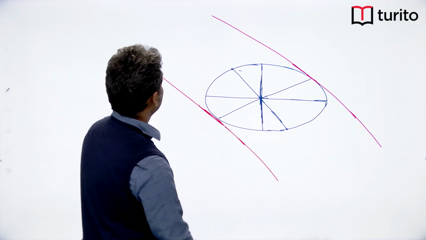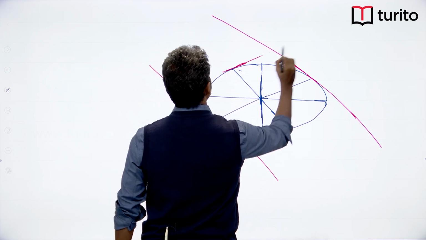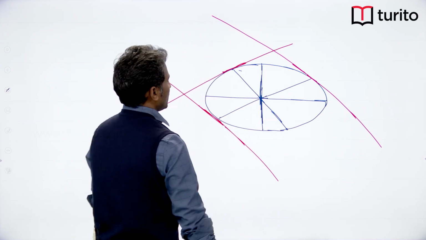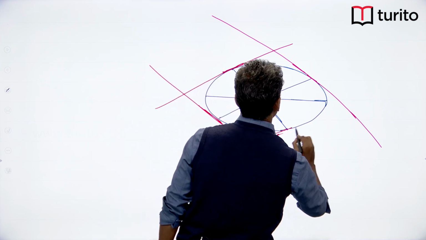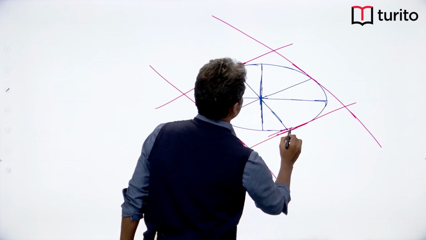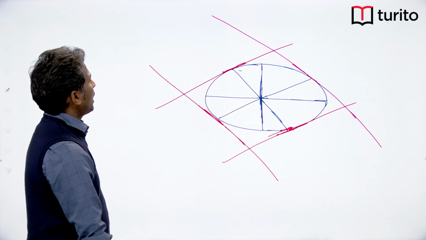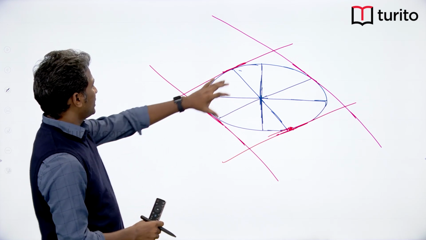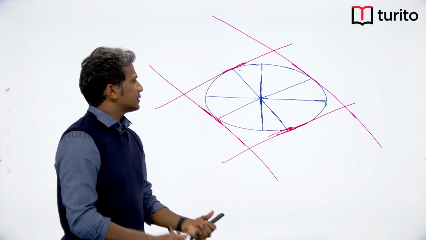So these two lines are parallel. And also here there is one tangent and here also there is another tangent. And we want to find the area of this entire parallelogram, which is drawn by red lines.